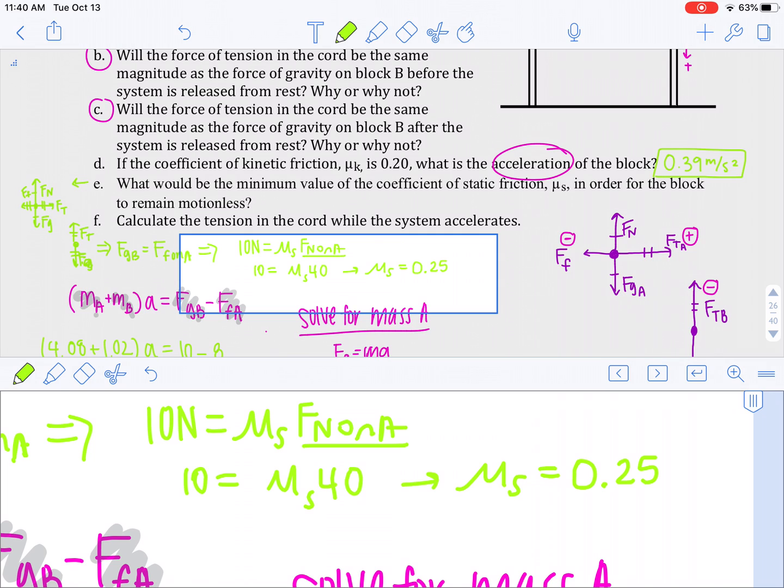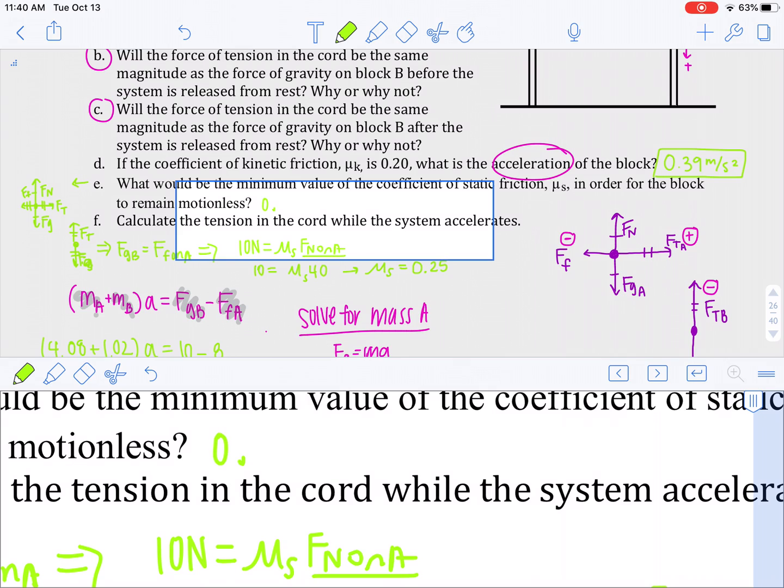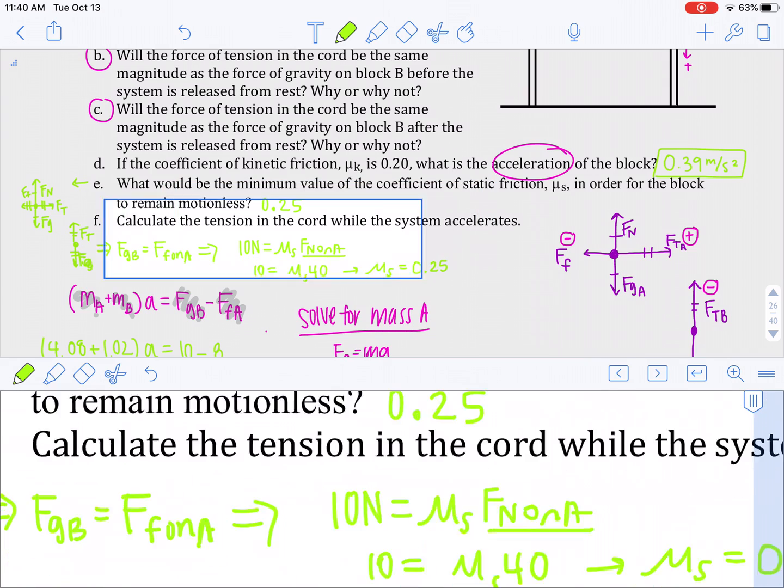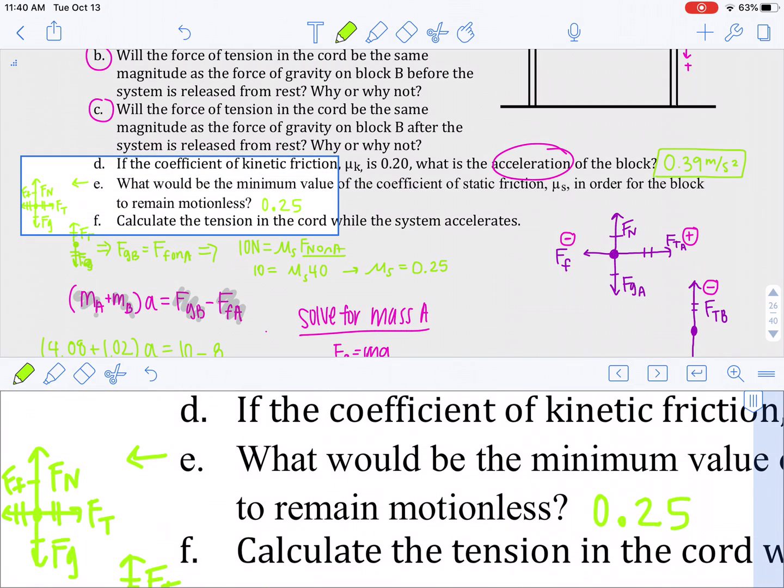So that would be the minimum value of our static friction. And again, that came from drawing FBDs. I had to draw an FBD again to be able to answer that question.